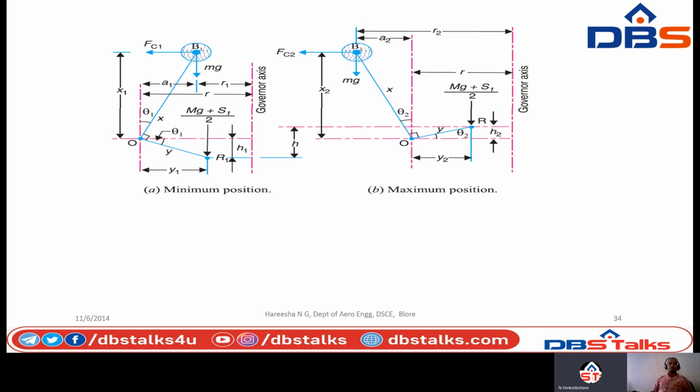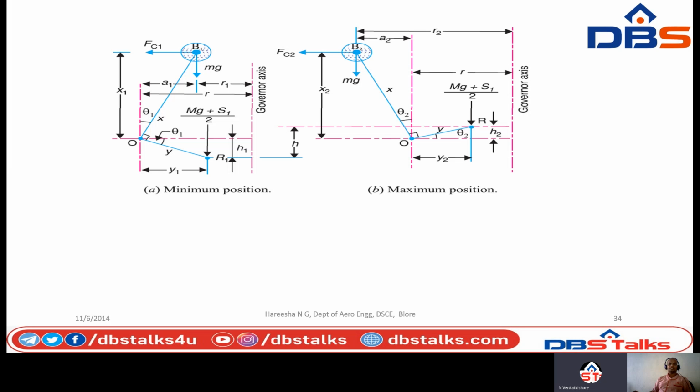So consider the forces acting on one bell crank lever. The minimum and maximum positions are shown in the figure. Let H be the compression of the spring when the radius of rotation changes from R1 to R2.